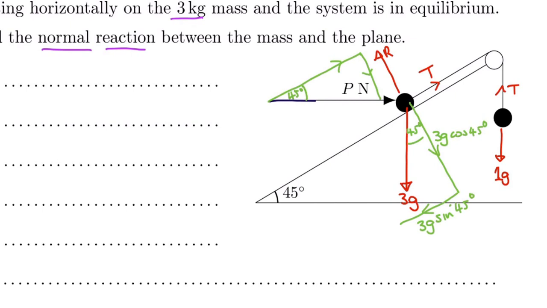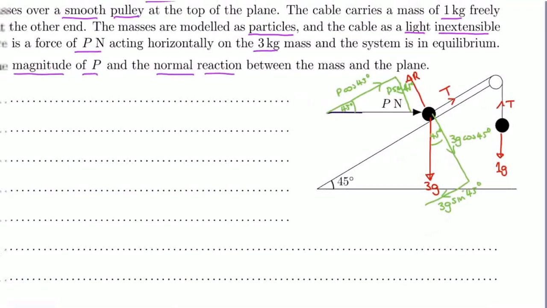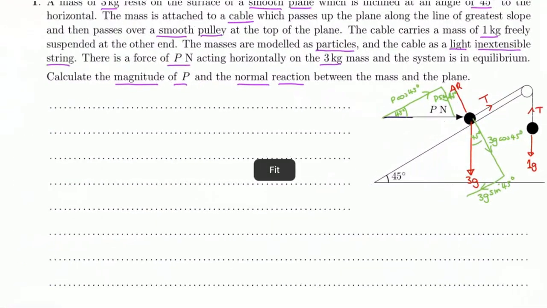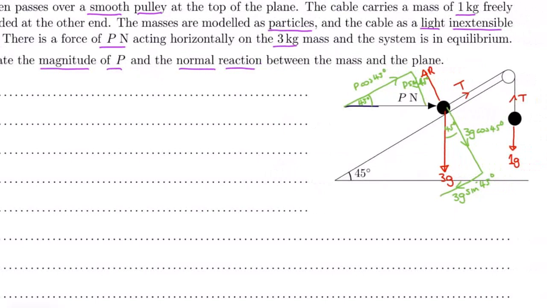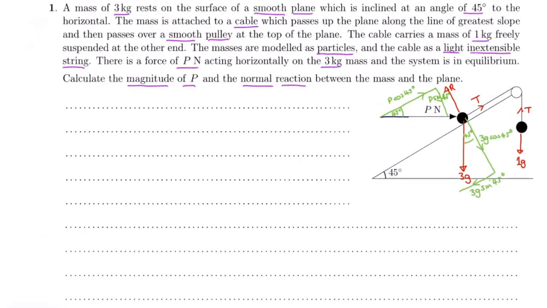So the force that's going across will be P cos 45, and the force that's going down will be P sine 45. I'm just going to squeeze that in there. Now I'm going to shrink that back down again, so you can see it really quite well.